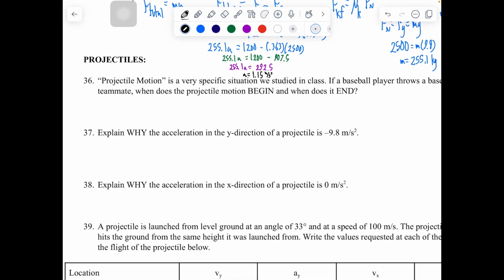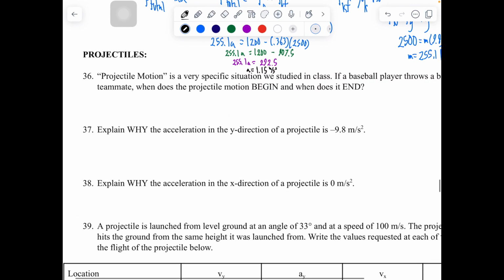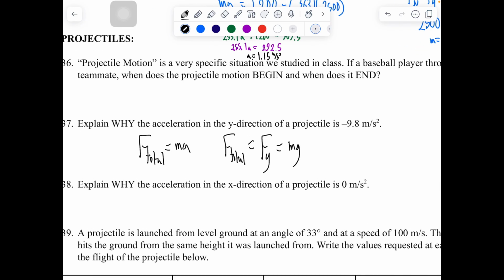Why is the y direction acceleration negative 9.8? Well, go back to forces. Total force is mass times acceleration. Your total force for a projectile, the only force acting, is the force of gravity. The force of gravity is mg. Set these equations equal. Total force is ma.